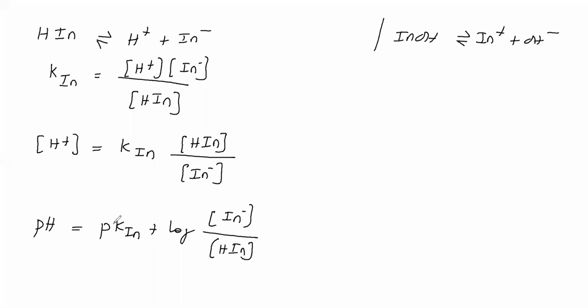Next, we are adding this indicator into some solution, it may be an acidic solution or a basic solution, whatever solution we can add the indicator to. In acidic solutions, do we feel that all acidic solutions have the same pH? Certainly not. Now take an aqueous solution of HCl.